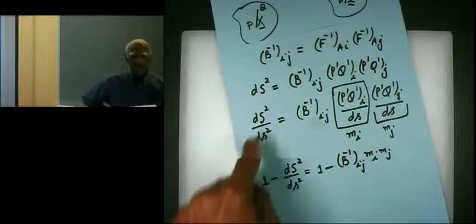Does it make sense? So what do we get then? We have d little s square minus ds square over d little s square. This 1, I'm going to write as delta ij mi mj minus b inverse ij mi mj.